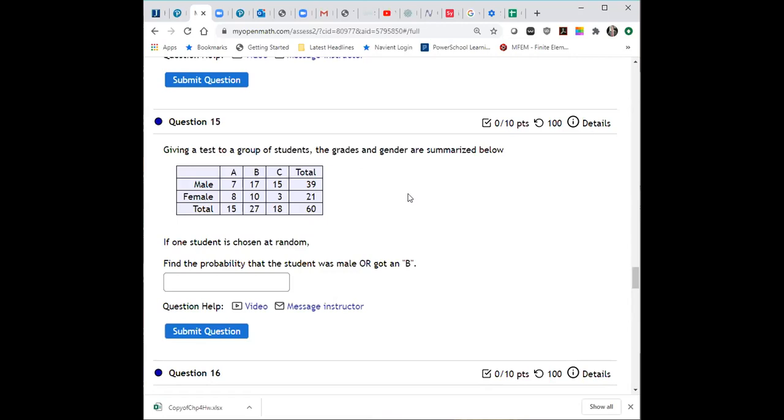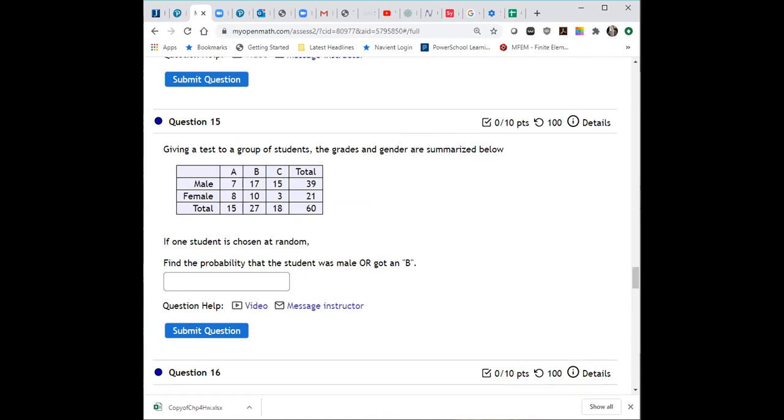So you need to use the addition rule, but for this case, you can think about this.